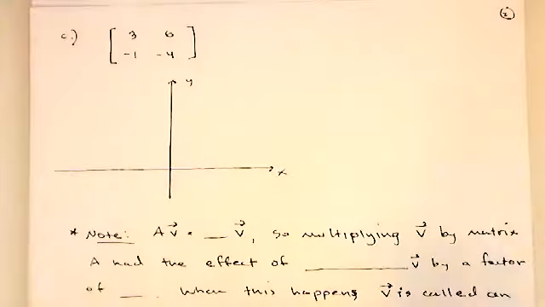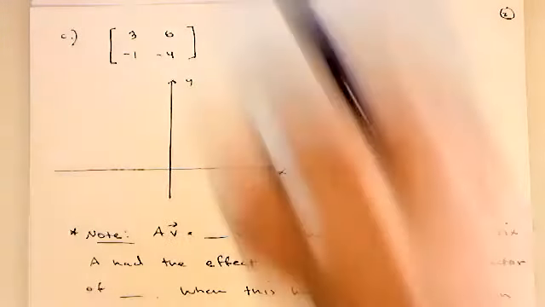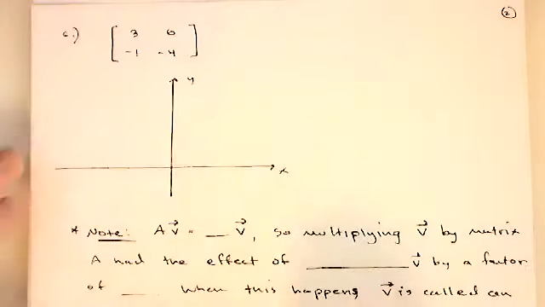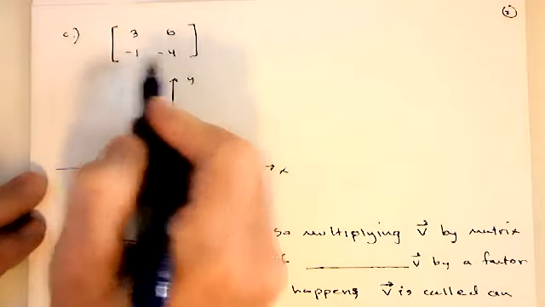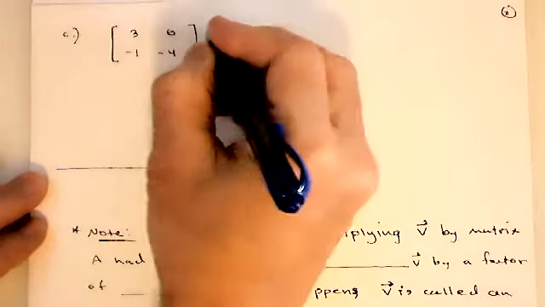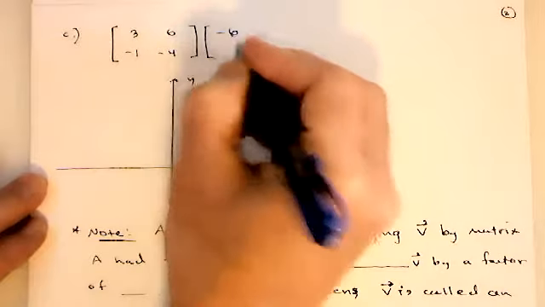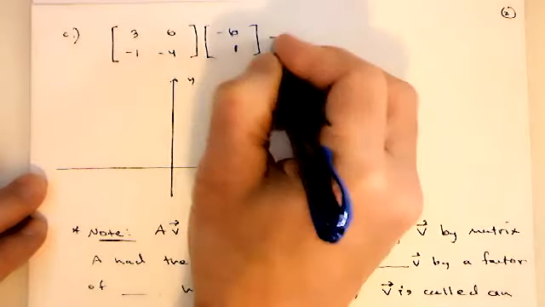Let's try our vector v on this matrix: 3, 6, negative 1, negative 4. And remember, my vector v was negative 6, 1. Let's see what happens.